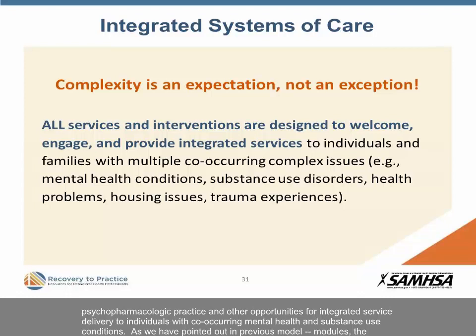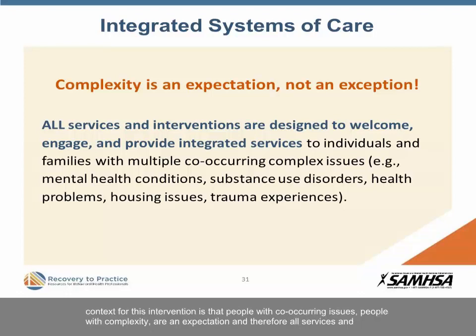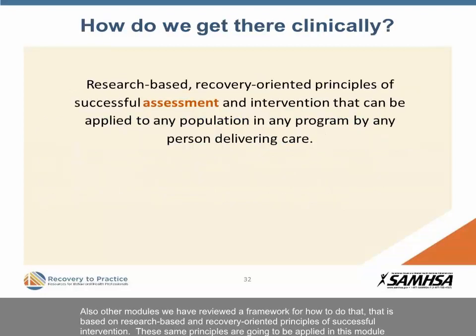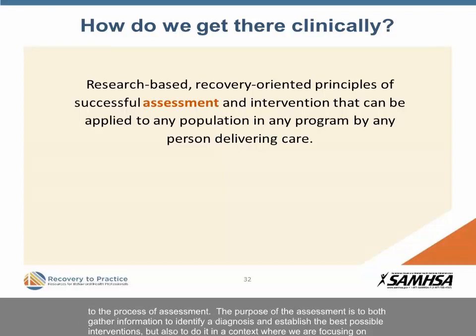As we have pointed out in previous modules, the context for this intervention is that people with co-occurring issues, people with complexity, are an expectation, and therefore all services and interventions need to be designed to welcome, engage, and provide appropriately integrated services, including psychopharmacology, to those individuals. Also, in other modules, we have reviewed a framework for how to do that, based on research-based and recovery-oriented principles of successful intervention. And these same principles are going to be applied in this module to the process of assessment.